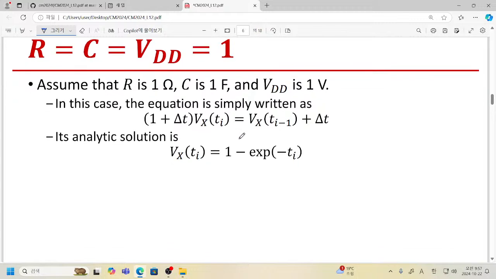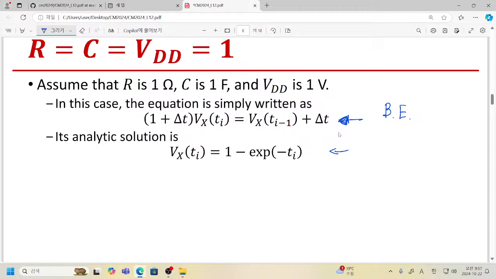Then you can find this form. Yes, this is the discretized solution of your RC system when we apply the backward Euler scheme, and this is your analytic solution with R equal to C equal to VDD equal to 1.